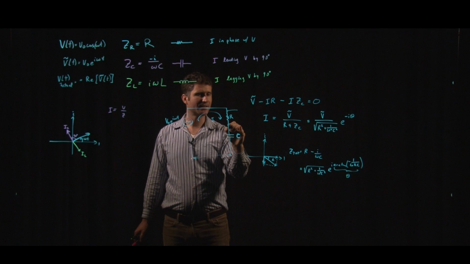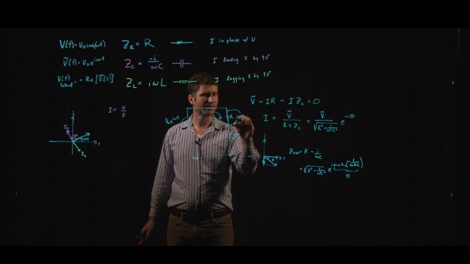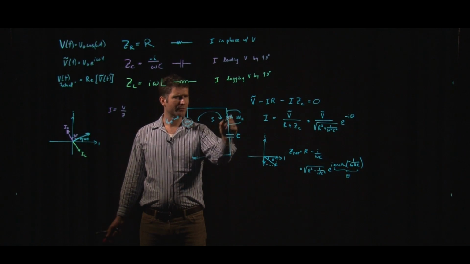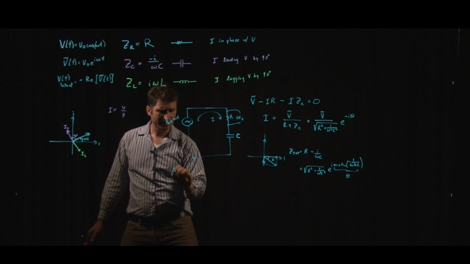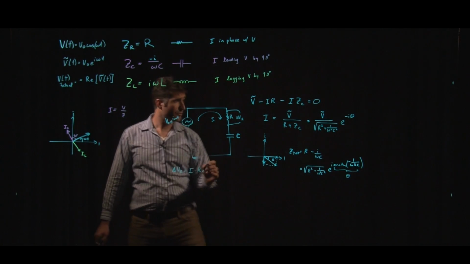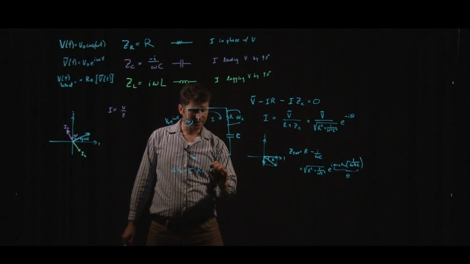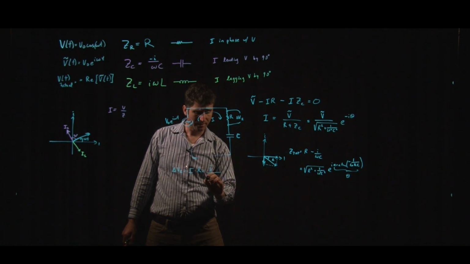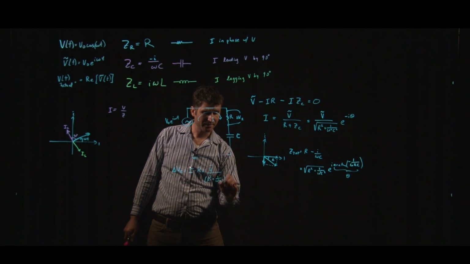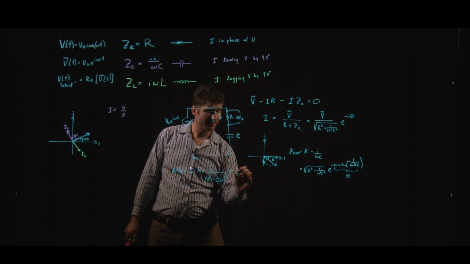If I put some leads across the resistor and try to measure the voltage drop, that would just be equal to the current that goes through it times R. So I can write down directly that delta V across R is equal to I times R, which is equal to V tilde over R squared plus 1 over omega squared C squared to the 1/2, times R, and then times e to the minus i theta.